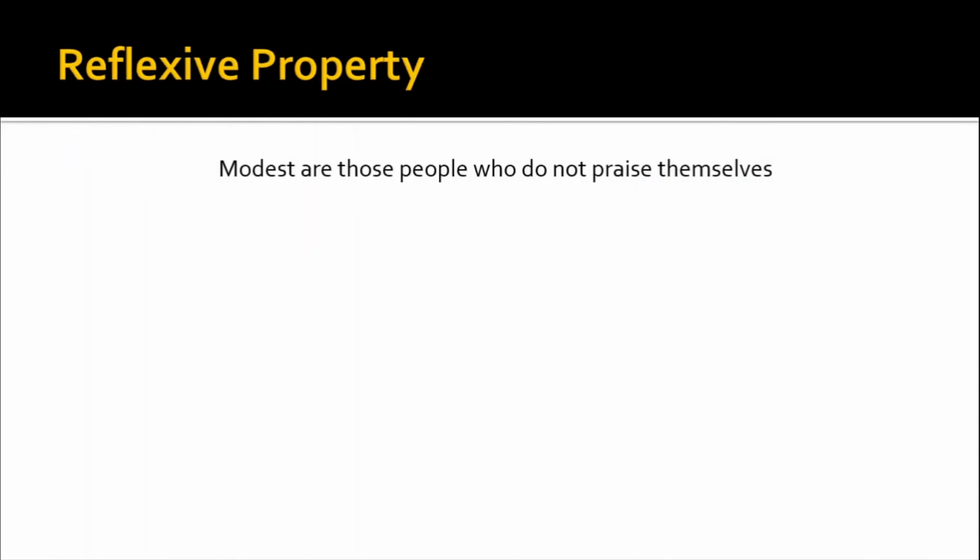Now, how do we represent a reflexive property? Let us try to model this. Modest are those people who do not praise themselves. Here we will be using the fact that we can define a property to be a reflexive property. So let us see how we model it. Equivalent classes.